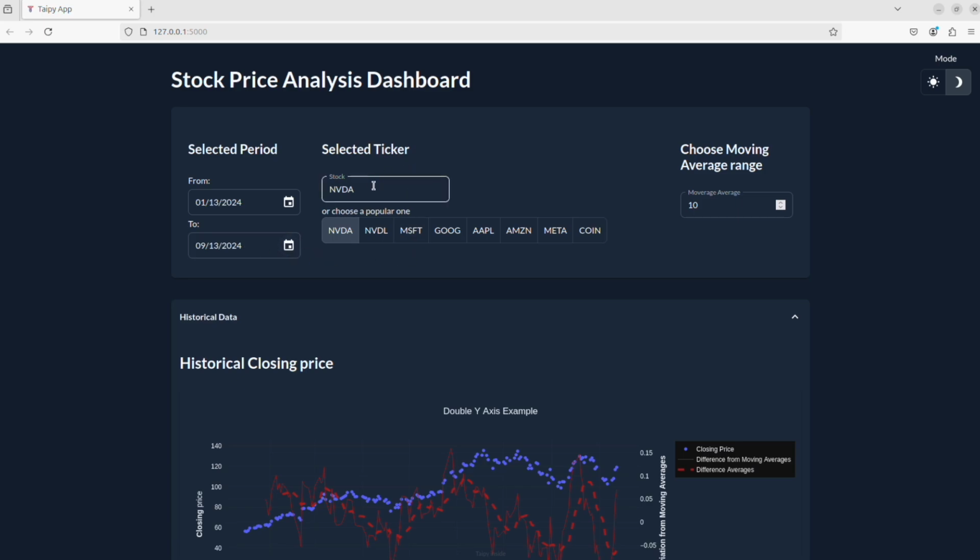And then there are also tickers that you can input with text here, so you can just type whatever stock ticker you would like to query for. But then you can also choose these quick shortcuts for the stock tickers, such as the big Magnificent 7, right?